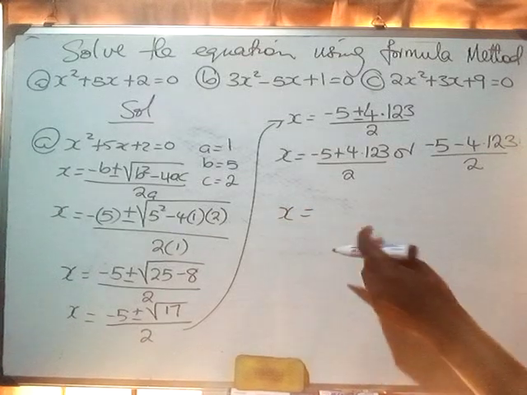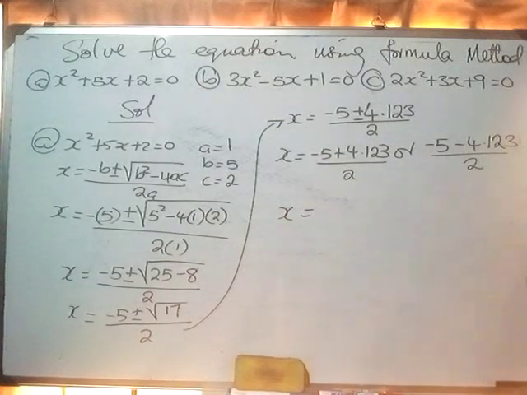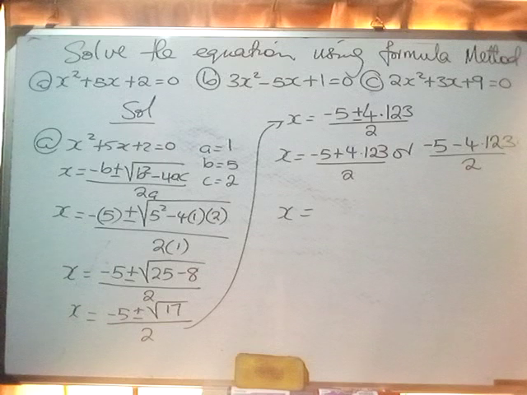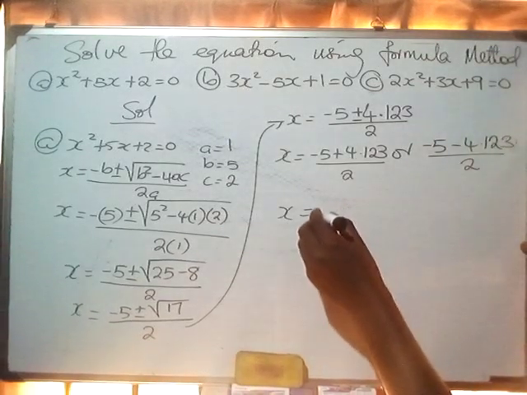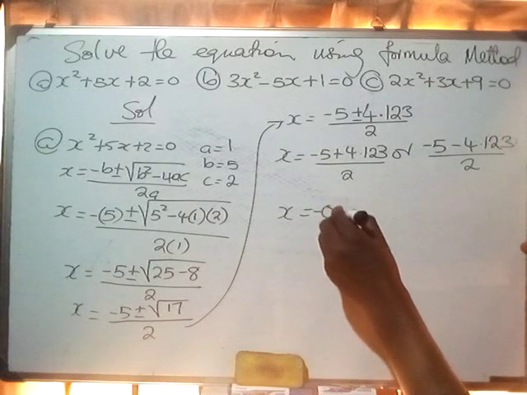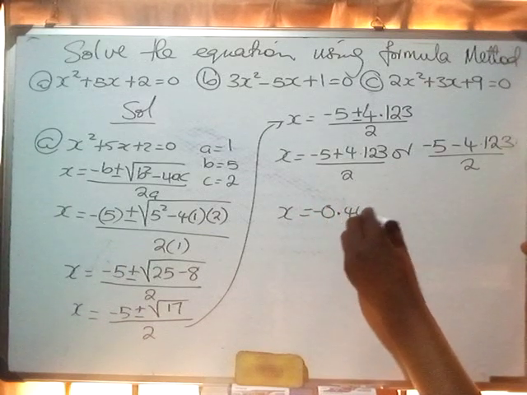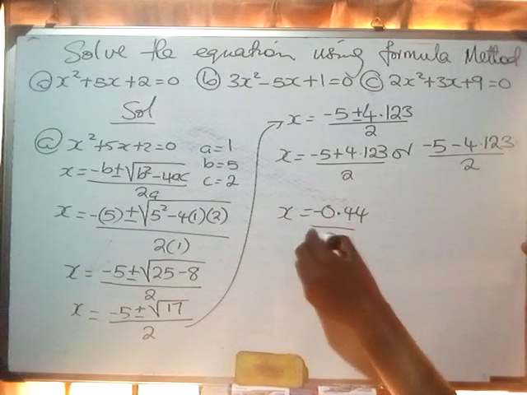If you add negative 5 plus 4.123 and then divide that answer by 2, our final answer will be negative 0.44.